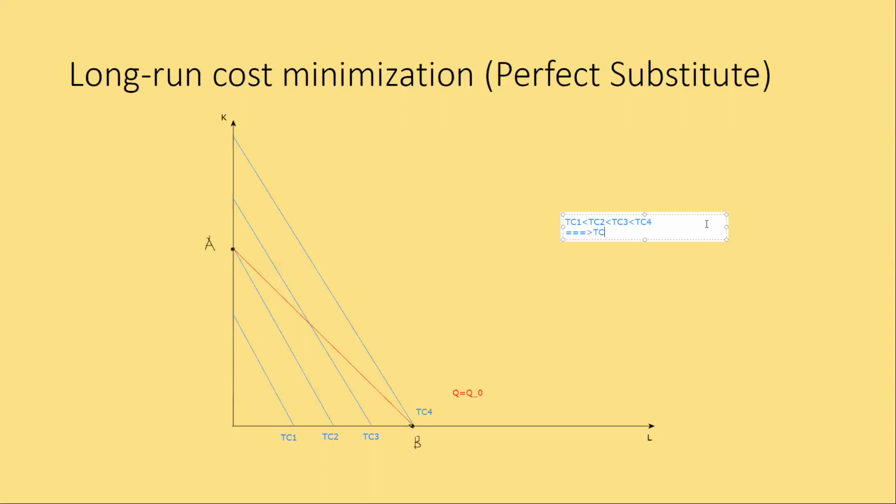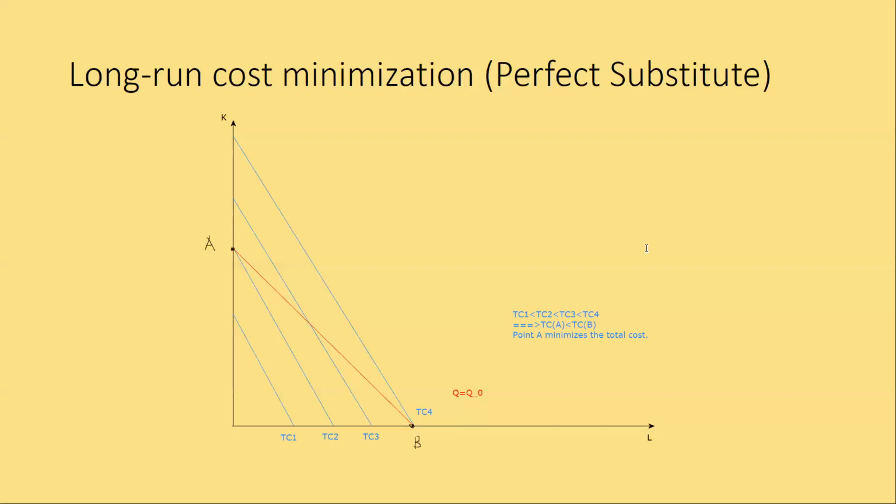So this implies that the total cost of using input combination A is going to be smaller than the total cost using input combination B. So point A minimizes total cost. And we can probably see and argue that no point on this red line, the isoquant, is going to possibly incur a lower level of total cost than point A does, because TC2 is the leftmost isocost line that we can shift.